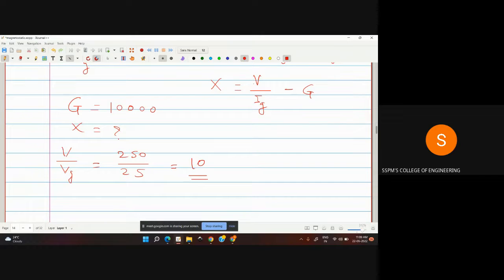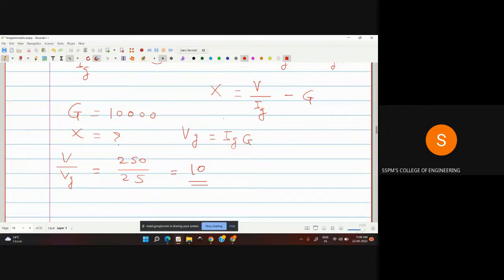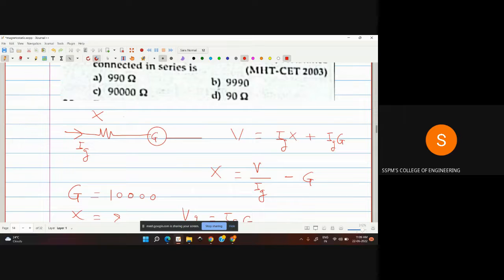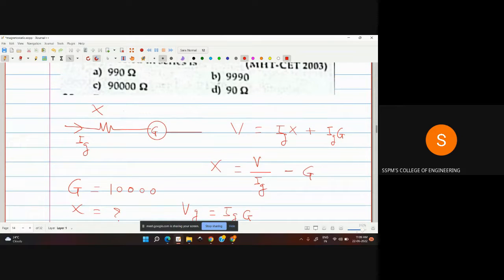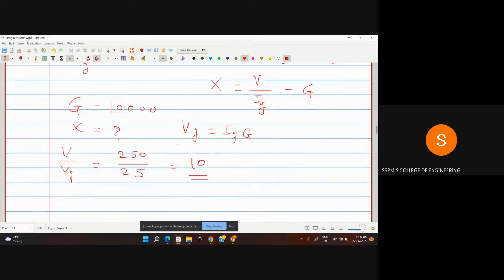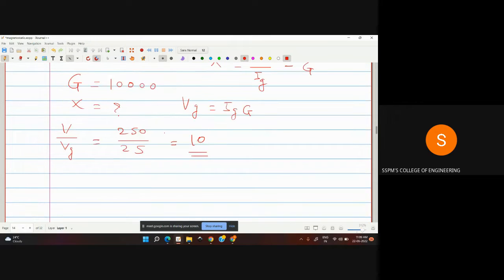Now what do we have to do here? We need to know Vg. How to find Vg? Vg is equal to the current Ig into G, where G is the resistance of the galvanometer. The voltage across this will be Vg, G into Ig.